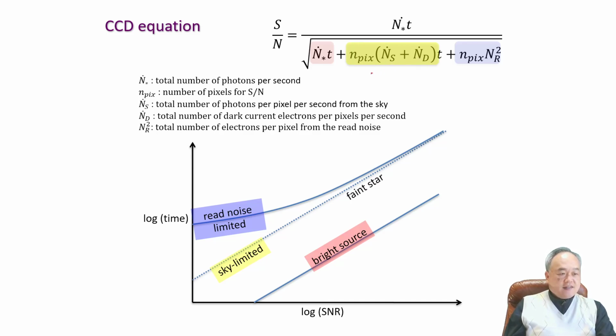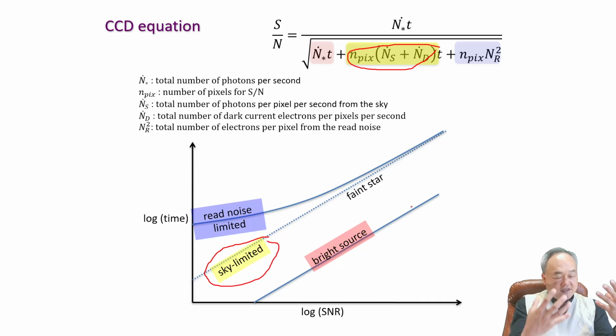So usually in the sky-dominated case there is some contribution from the dark current, and the sky noise and dark current noise are sometimes comparable, okay? Or usually the sky noise is larger and more dominant. So generally this case is limited to observing faint sources in the long wavelengths.